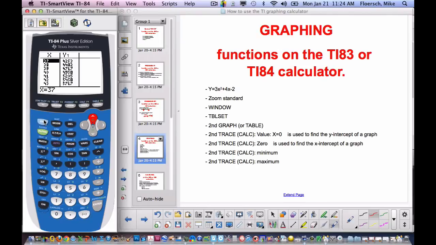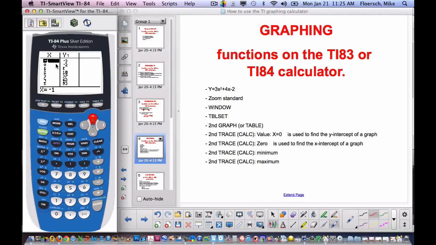So this time I'm going to go to second window, or table set, which is that blue one right there. I want to start at 0 and go with increments, or delta, the change in the table, equal to 1. I'm going to leave it as 1. Now go back to second table. It will not change your graph, but now you can see it starts at 0, and I can scroll up or down.